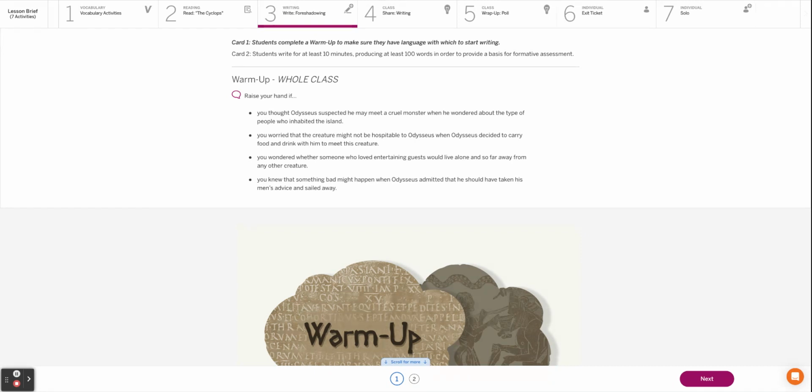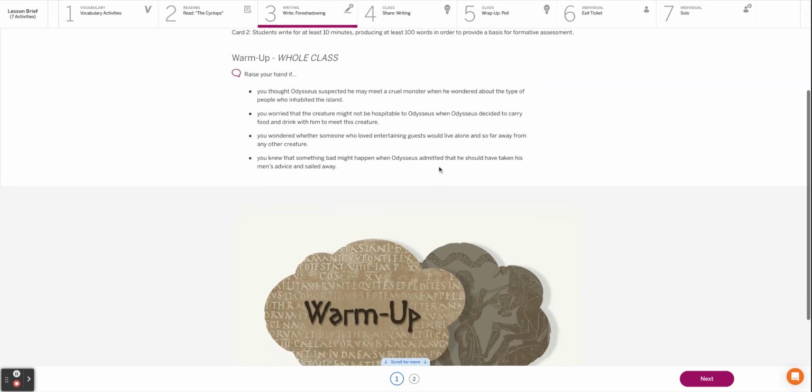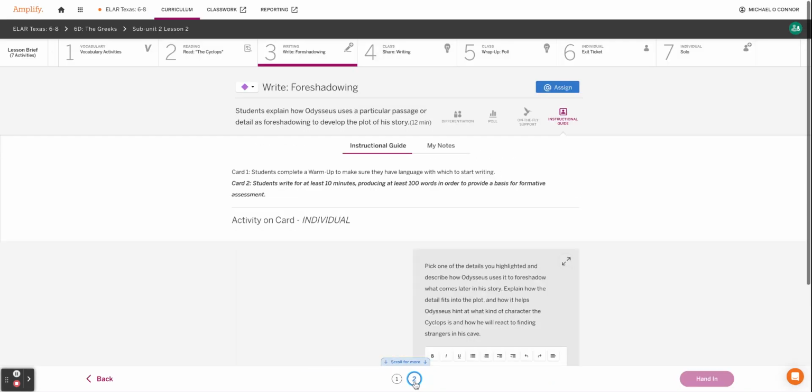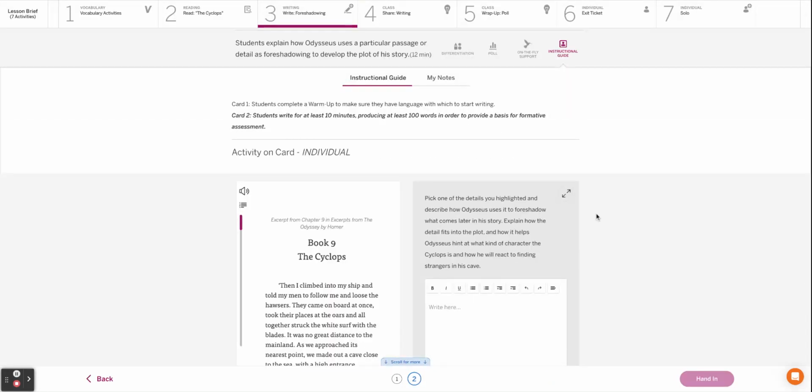Did you sense or foreshadow that something bad might happen when Odysseus admitted that he should have taken that man's advice and sailed away? So you've got 10 minutes to write 125 words or more in entirely complete sentences.